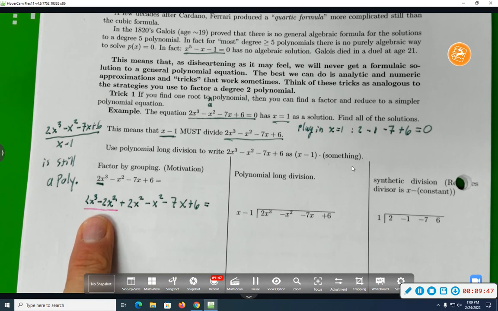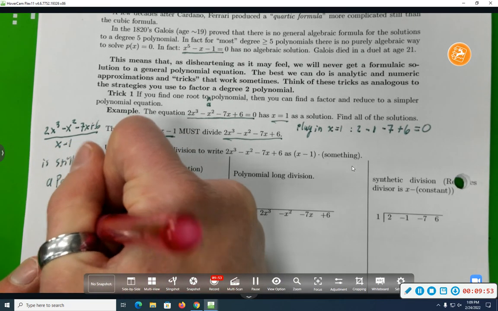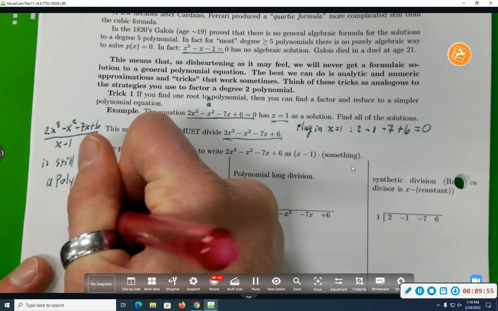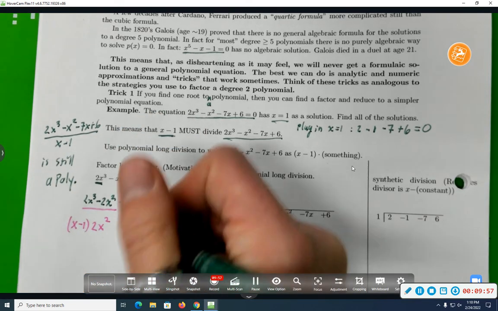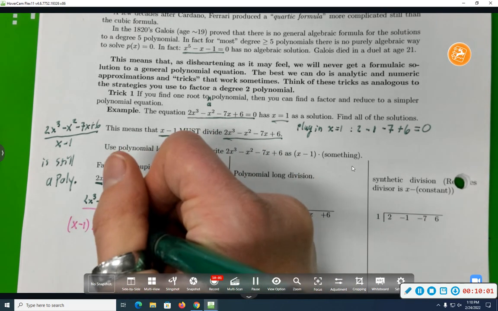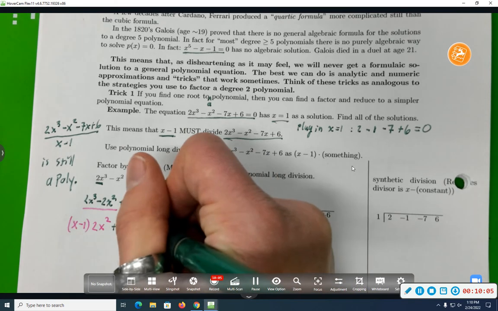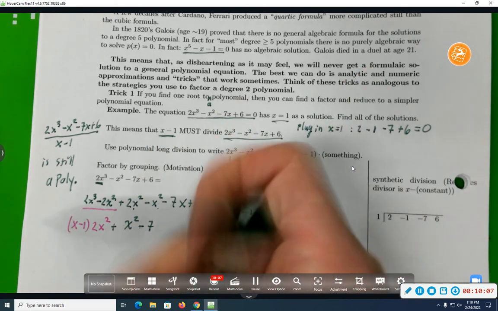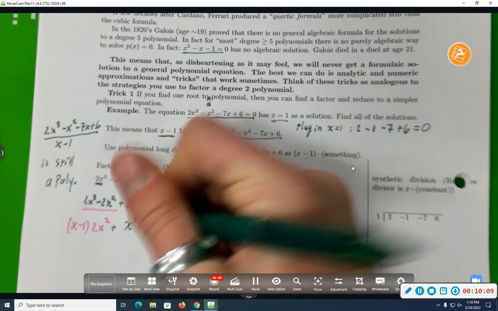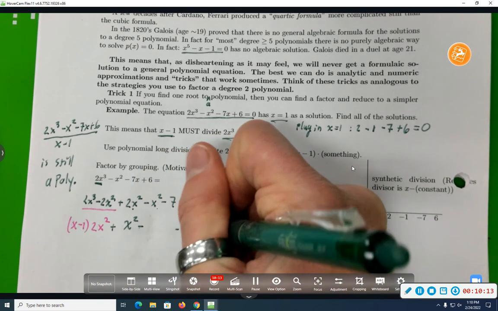Yeah, it's x minus 1 times 2x squared. So let's write that down. That's x minus 1, in parentheses, times 2x squared. 2x squared minus x squared is x squared, minus 7, let's not do that yet. Give myself space. Minus 7x plus 6.